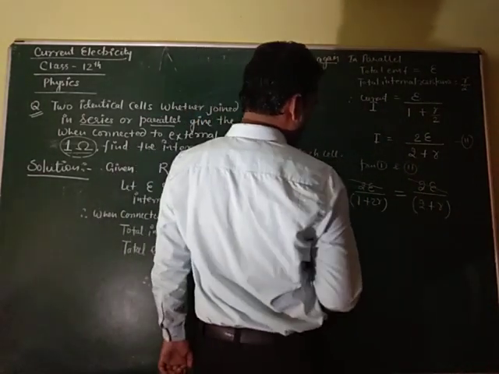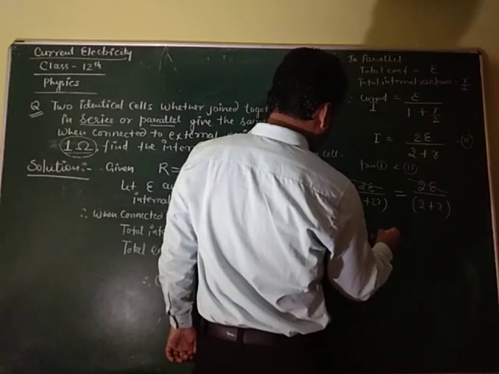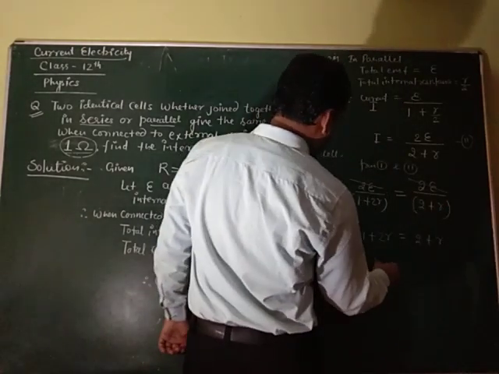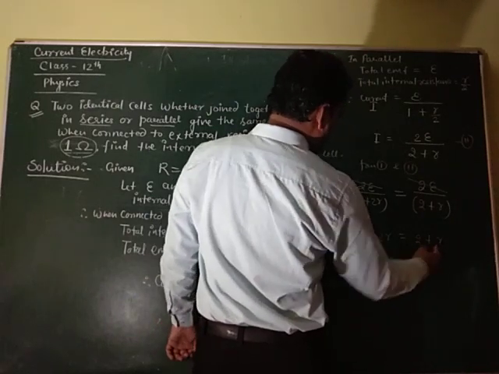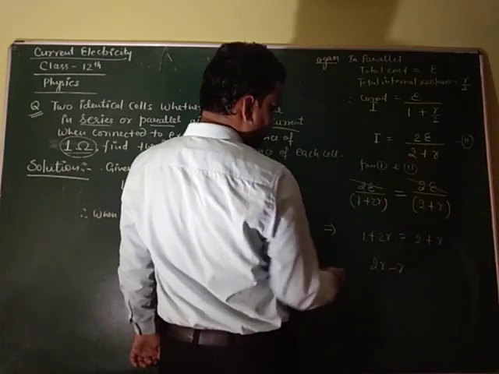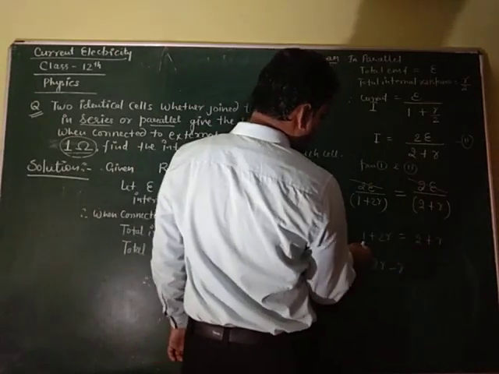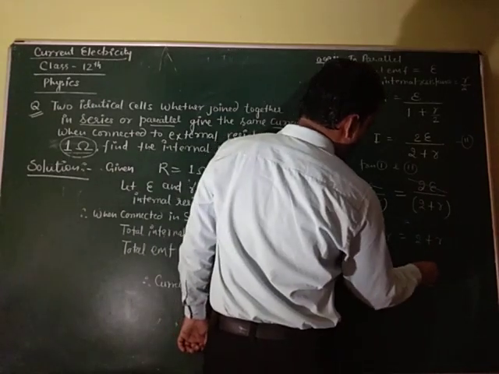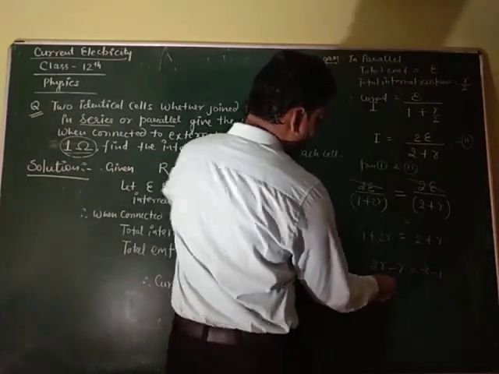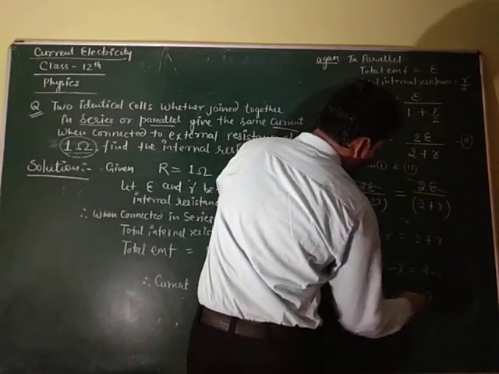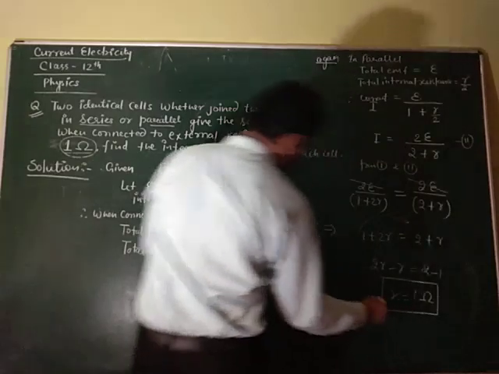We are left with 1 plus 2r is equal to 2 plus r. So 2r is equal to, transposing this r to the LHS, we have 2r minus r, and this 1 goes to the RHS, becomes 2 minus 1, and that is r is equal to 1 ohm. That is the required answer. Okay.